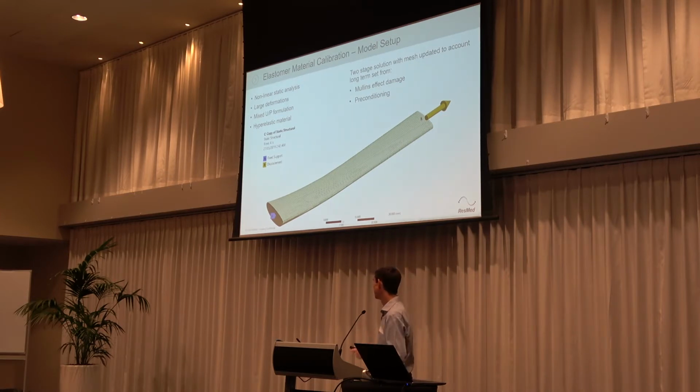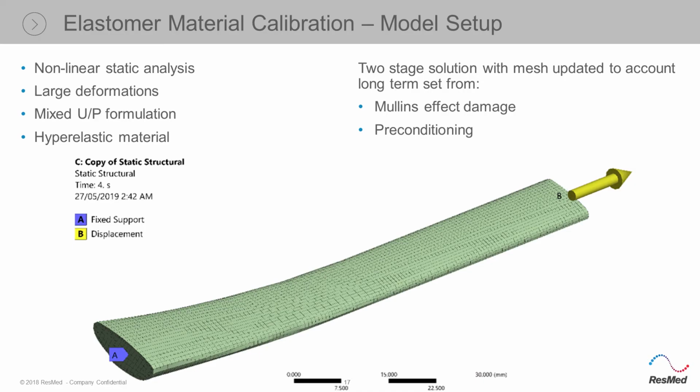So if any of you don't know that, it's the key option MAT ID 6.1. So key option 6, set it to 1, gives you the mixed UP formulation, and that's needed to cope with the incompressibility. And in this case, we did a two-stage solution. So the first one pulled just a little bit and then updated the geometry and mesh, reset the strains, and then did the primary stretch. And that accounted for the little offset at the beginning.